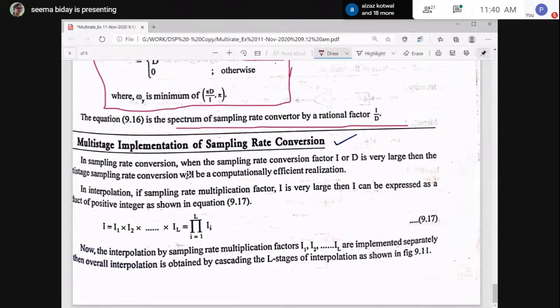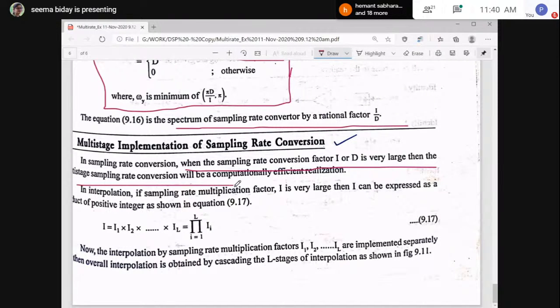In sampling rate conversion, when the sampling rate conversion factor I or D is very large, then multi-stage sampling rate conversion will be computationally efficient whenever you are realizing the interpolator or decimator.